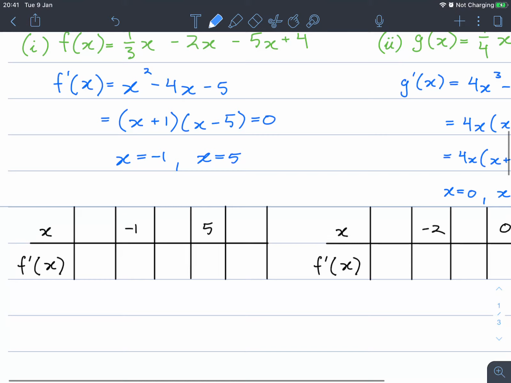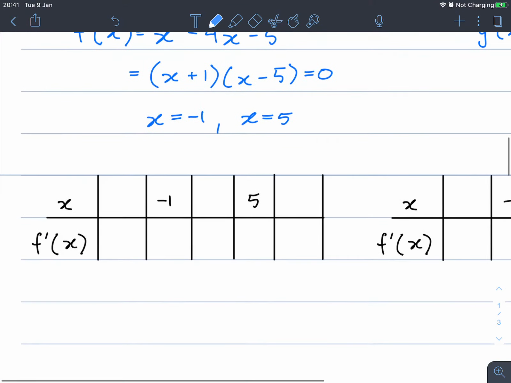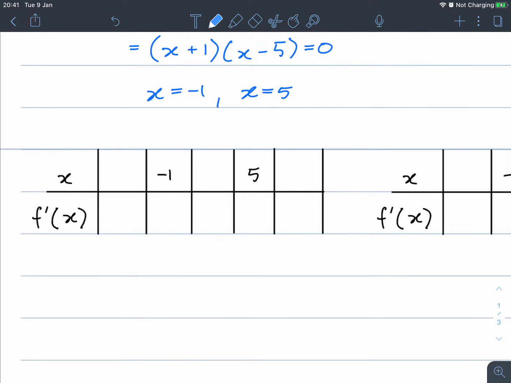So now we'll be making a derivative table, and we're going to pick the point -1 as our critical point and 5 as our second critical point. And we already know if we substitute these two values into the derivative function, we will get 0 for both of them.